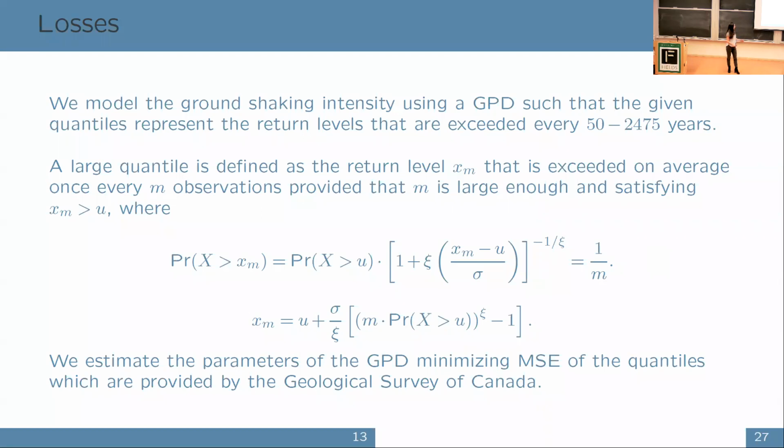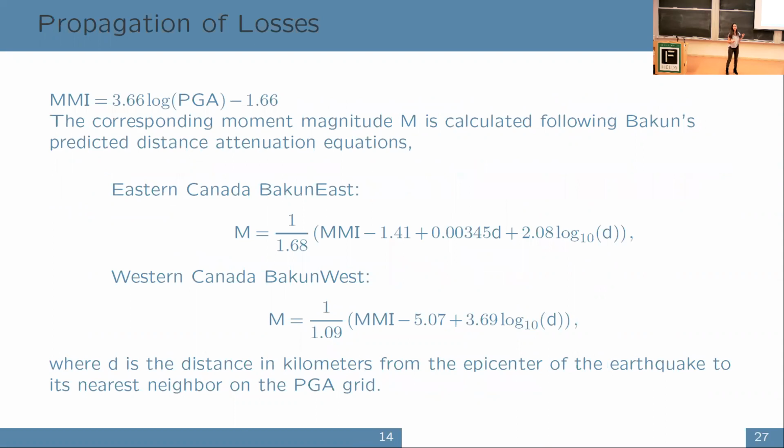So with this, we could have a model of the losses for each point on a gridded map in Canada. So once we had the PGA, we wanted to know then what was the propagation of the intensity of the ground shaking.